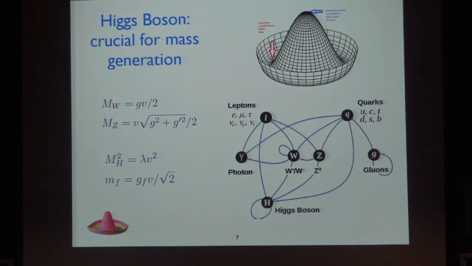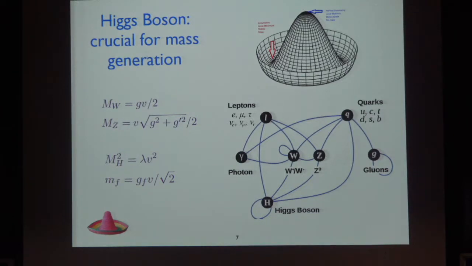So they have the W, the Z, these are the gauge couplings of the SU(2) and U(1) group. This is the Higgs boson mass with the self-coupling, and these are the fermion masses with the Yukawa coupling, also proportional to the vacuum expectation value of the Higgs field.